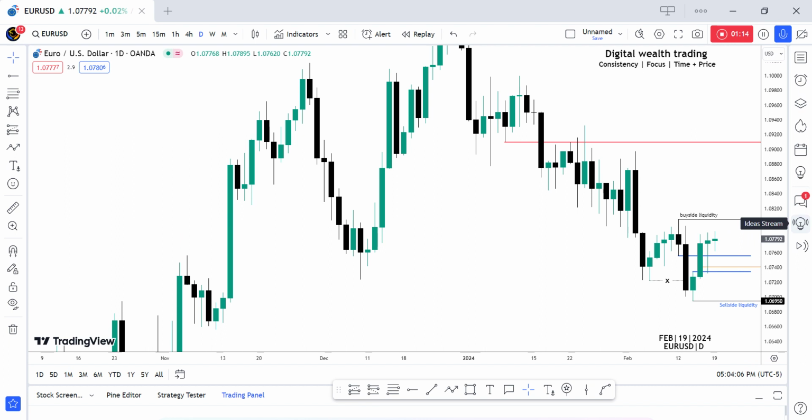But this is our daily market review on Euro US dollar and the DXY. So I'm going to jump right into what we have. The chart you are looking at right now is the Euro US dollar daily contract for February 19, 2024.